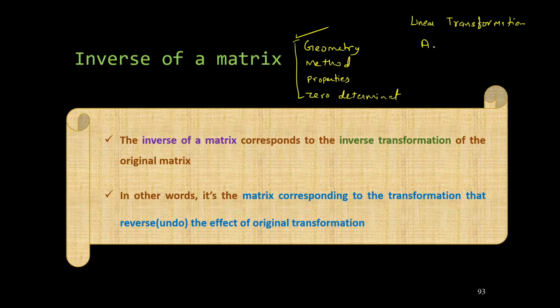Linear transformation means if I multiply this matrix with some vector x, I get another vector v. So it basically transforms the space into a new space where i hat and j hat may land on some other vectors, and accordingly all the vectors may land on some new vectors in the new space. To understand linear transformation, you might need to revisit the tutorial we discussed earlier.